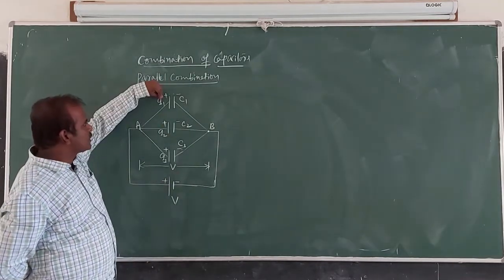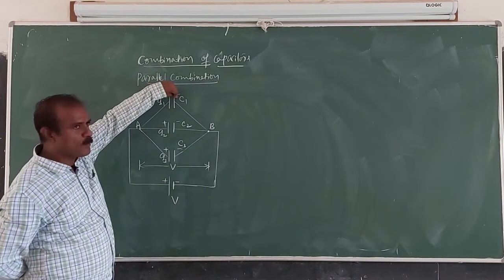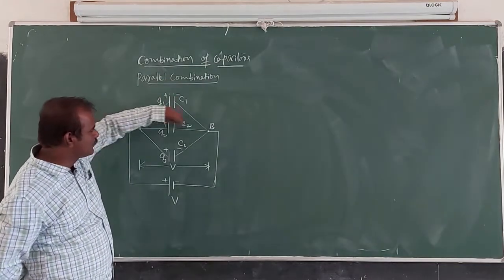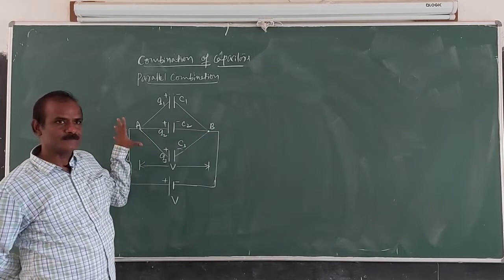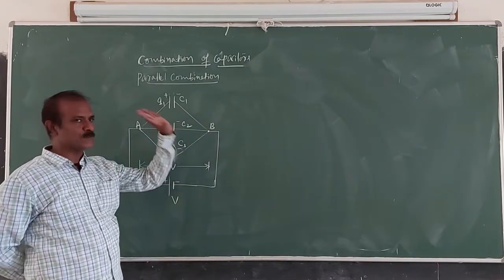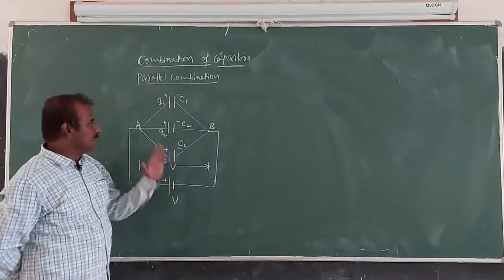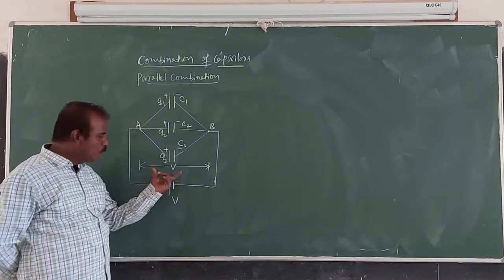As many electrons as are pulled here will be deposited here. So all electrons will combine and redistribute again. This is the reason why PD would be the same.